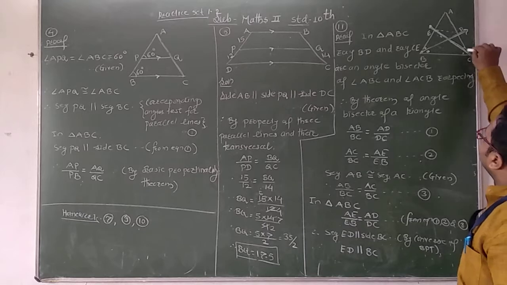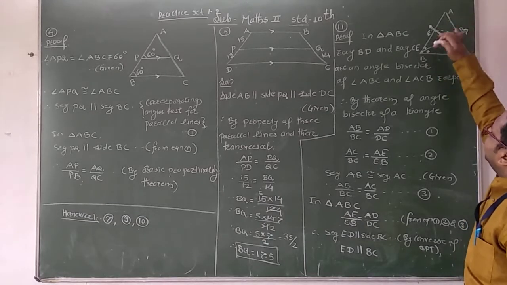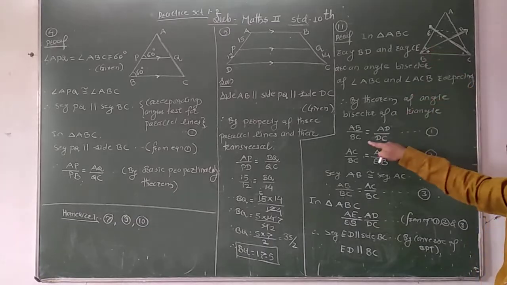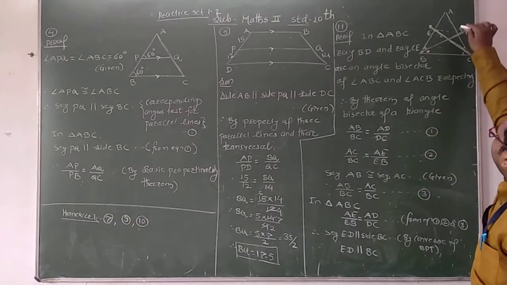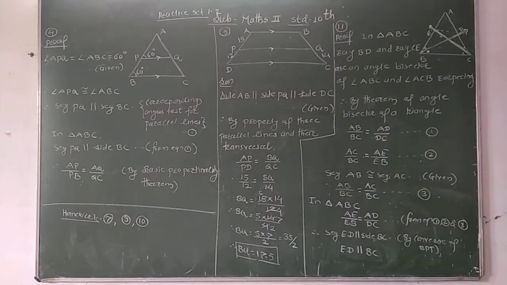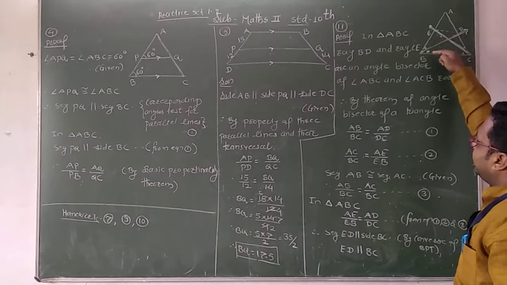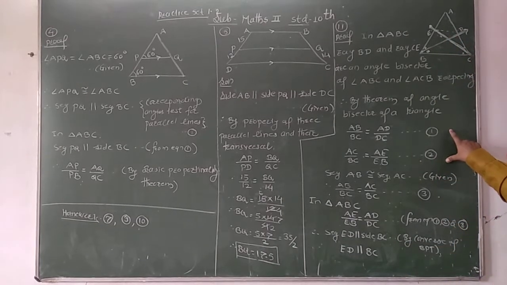If we take CE as the angle bisector of angle ACB which divides the side AB, then the ratio of the remaining two sides, that is AC upon BC, is equal to AE upon EB. This is equation number 2. Here we use the angle bisector property or theorem.